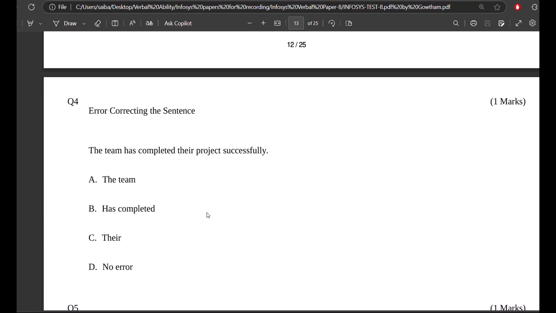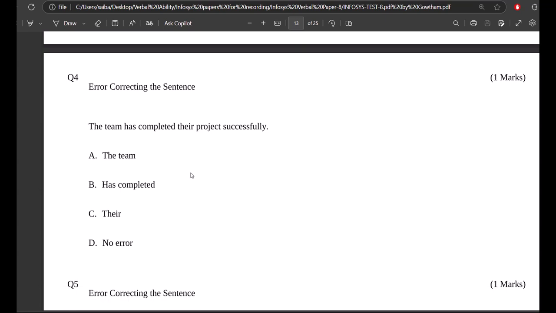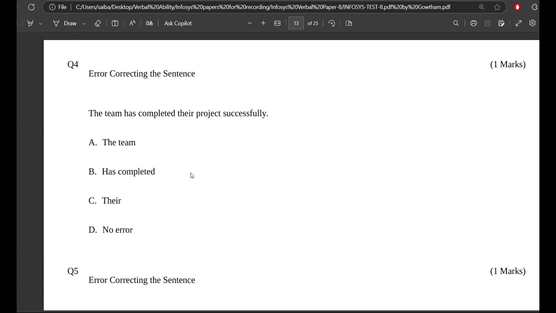Next one: the team has completed their project successfully. Here they are asking us to correct the sentence. Whenever we are doing sentence error correction, always observe whether there is subject verb agreement or not. Here the subject is team.